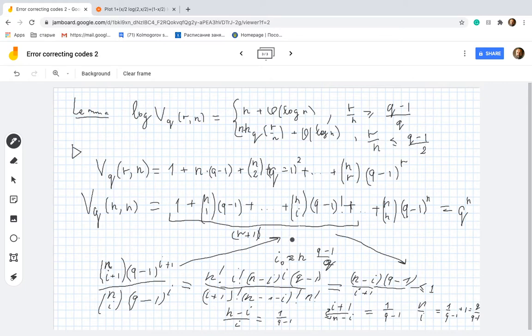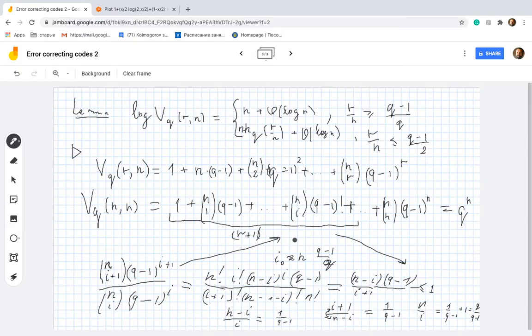When r is larger than this i0, the sum contains the absolute largest term, and that means the sum already becomes close to q to the n, because the largest term in the whole sum obviously is at least q to the n over n plus 1.